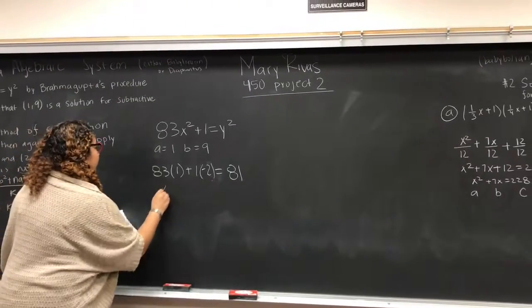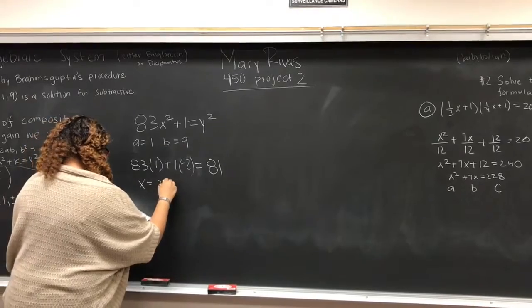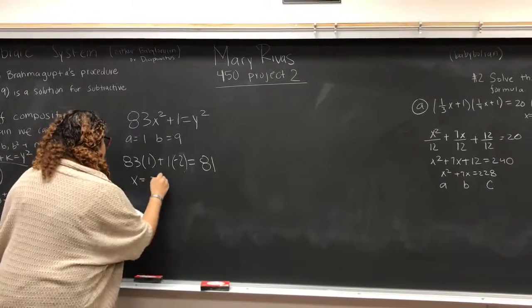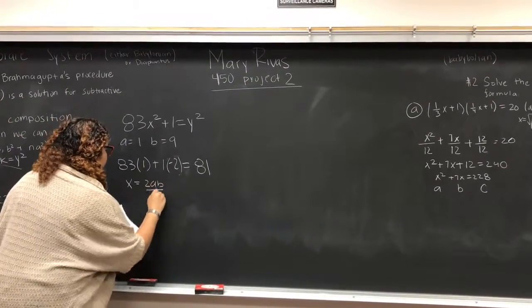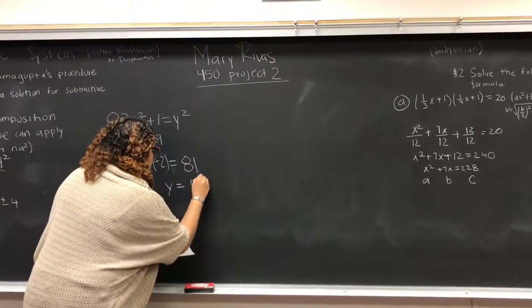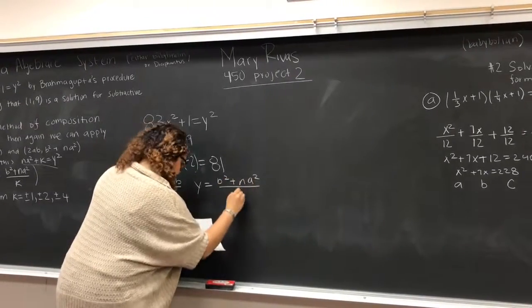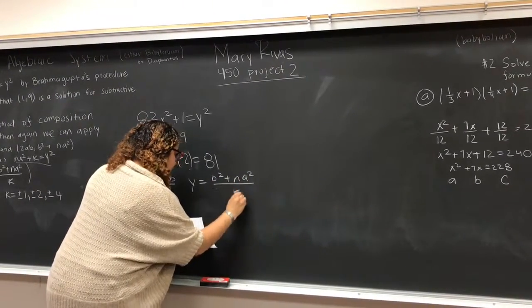So we know that x is equal to 2abk, and then y is equal to b squared plus na squared divided by k.